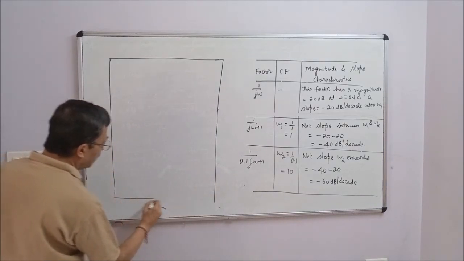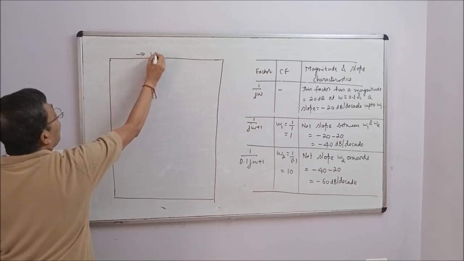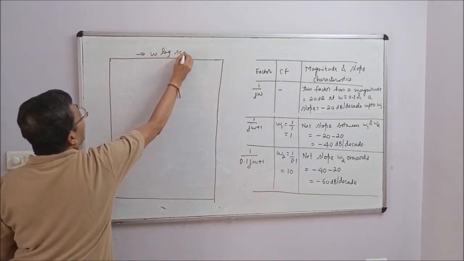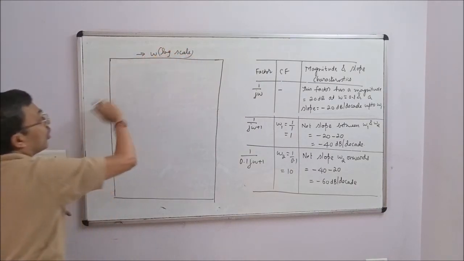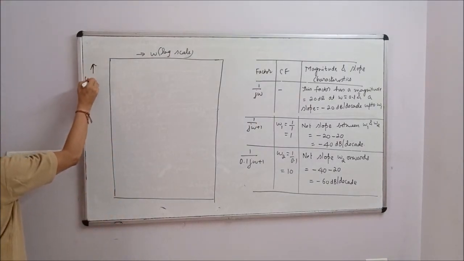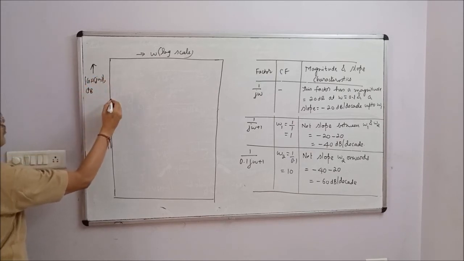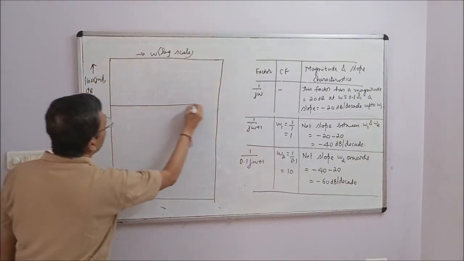The actual semi-log sheet I will show later. X-axis is omega in log scale. Omega in log scale means actually it is logarithm of omega to base 10. Y-axis is magnitude of GH of j omega in decibels. This is the 0 dB axis.